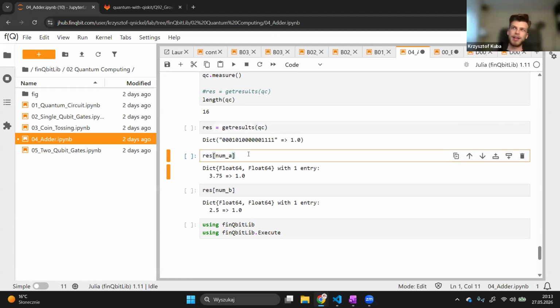This is a bit out of topic, but I just wanted to show you that you can also represent floats on a quantum computer. And in some cases, like in our case for finance, this is very useful, to represent it in either an integer representation or a float representation.